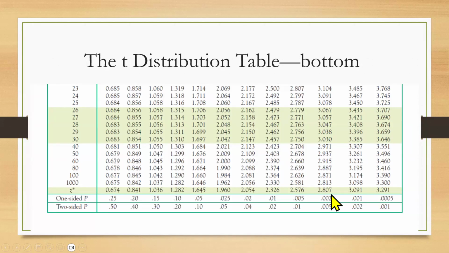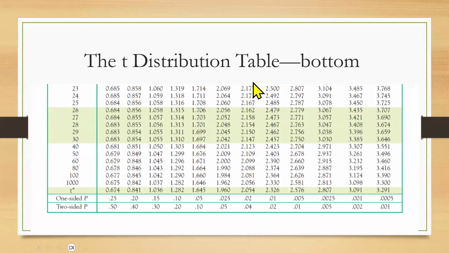Okay. So suppose we have an experiment with 25 individuals in it. I calculated my value of T, so I'm going to use degrees of freedom 24. And suppose my value of T came out to be exactly 2.172. I would go down to the bottom, and if I had a two-tailed hypothesis test, I would say, oh, my p-value is 0.04.